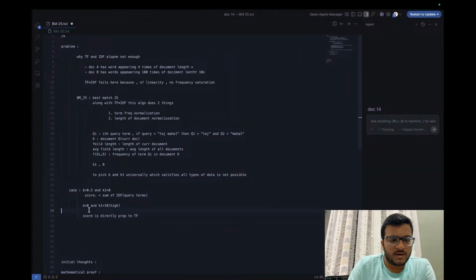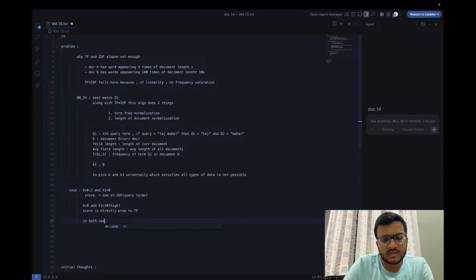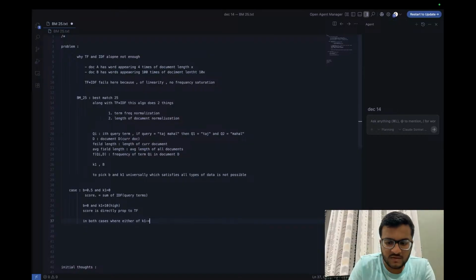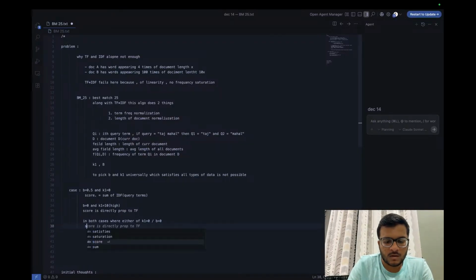So here what I am trying to say is, in both cases, either k1 equal to 0 or b equal to 0, the score is the same as TF-IDF.